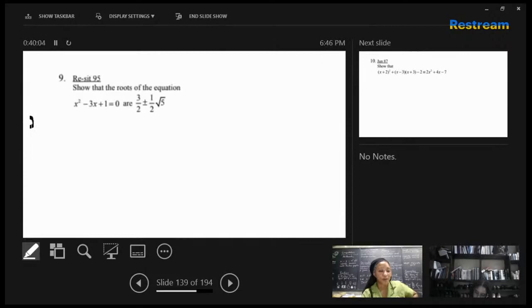All right, so write out the quadratic formula for me. x is equal to negative b plus or minus the square root of b squared minus 4ac, over 2a.